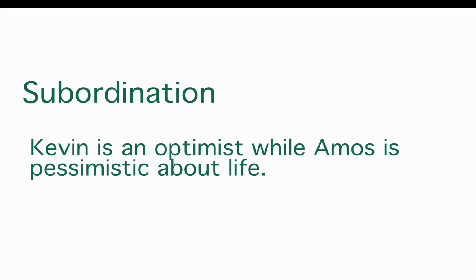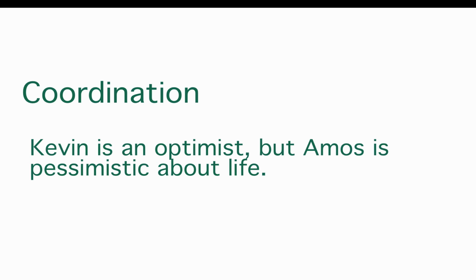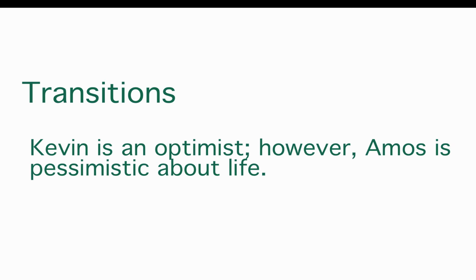Kevin is an optimist, while Amos is a pessimist about life. Or although Kevin is an optimist, Amos is pessimistic about life. Coordination: Kevin is an optimist, but Amos is pessimistic about life. Or we could try a transition: Kevin is an optimist, however, Amos is pessimistic about life.